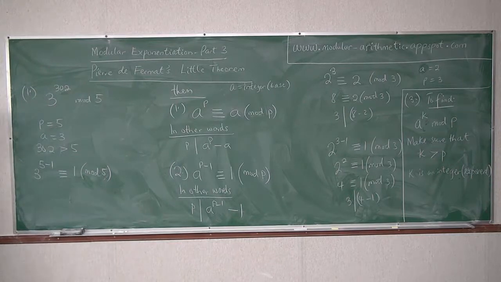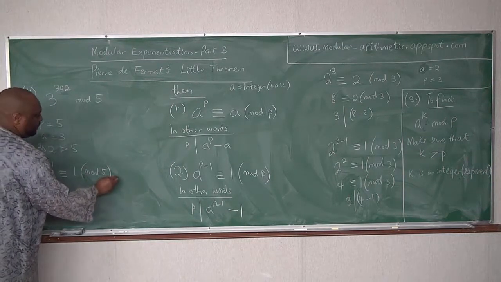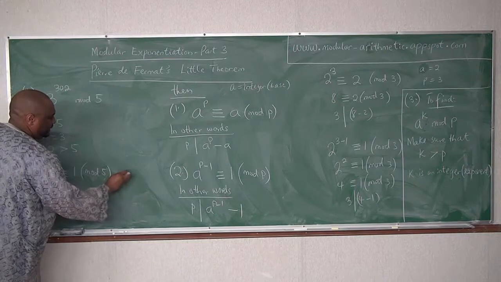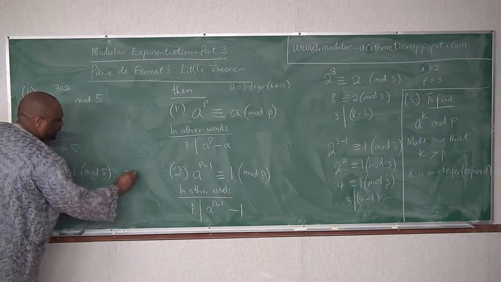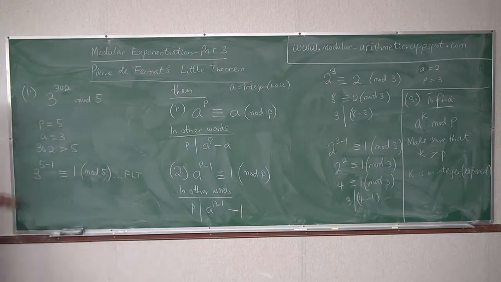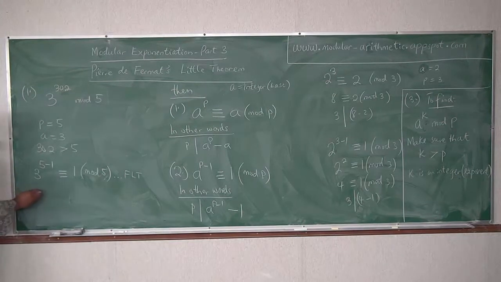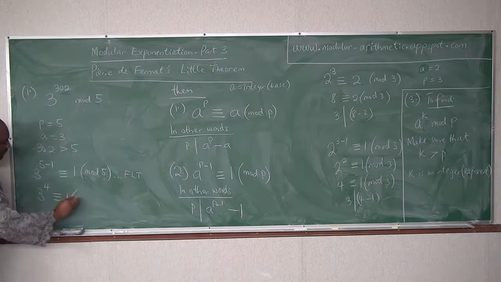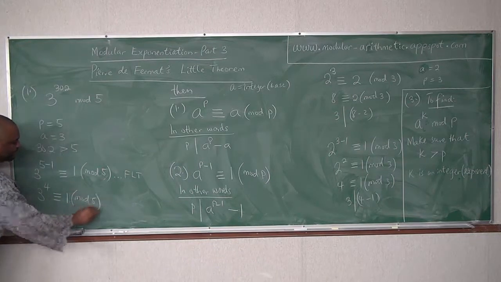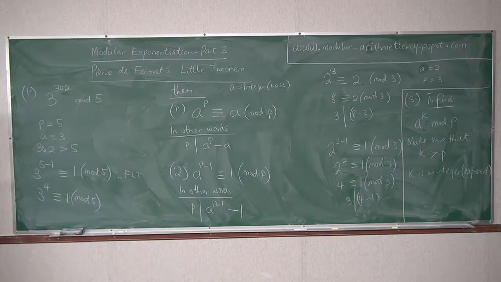That is Fermat's theorem, Fermat's little theorem, FLT. So this means that 3 exponent 4 is congruent to 1 in mod 5. That is what it means.